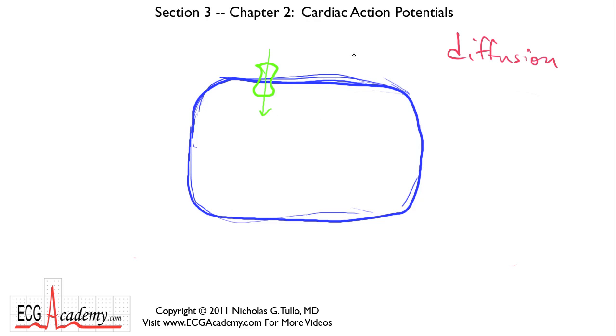Now, remember I told you that there's lots of sodium outside, but just a little bit of sodium inside. You would think that this high concentration of sodium would apply tremendous force and push the sodium through the membrane until the concentration is equalized. And there's some of that going on, but the cell has special proteins that pump sodium against this concentration gradient, as we call it, with the high concentration outside and the low on the inside.